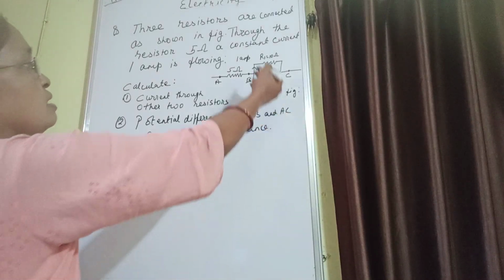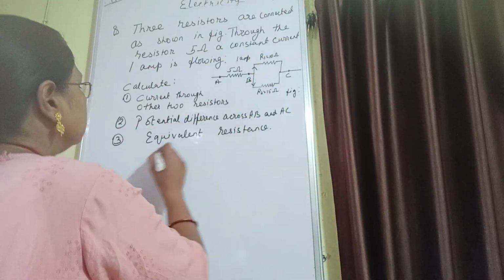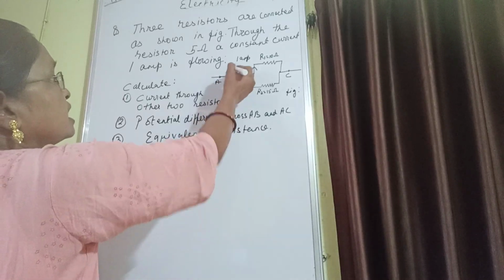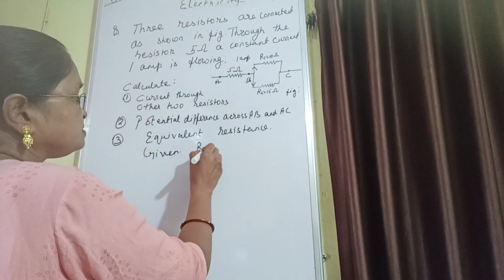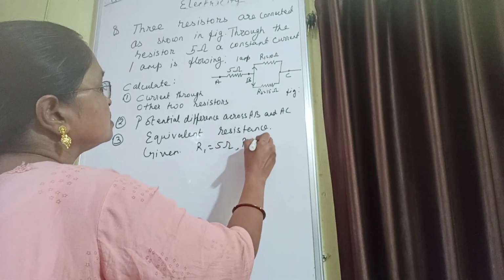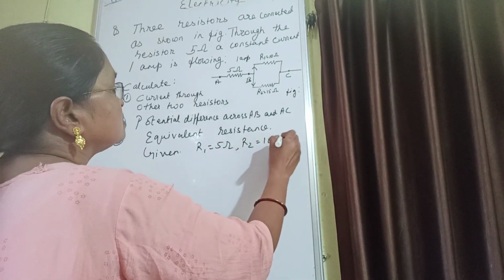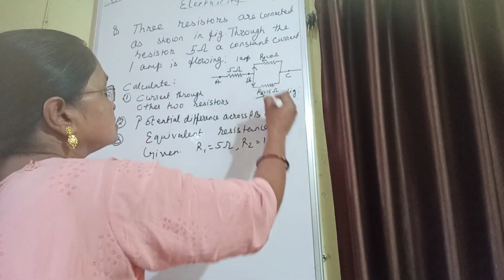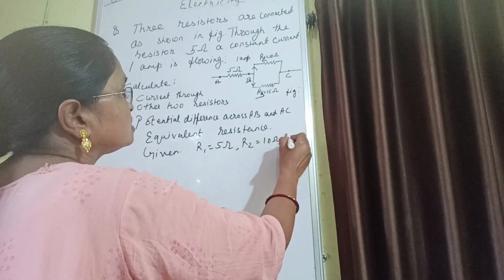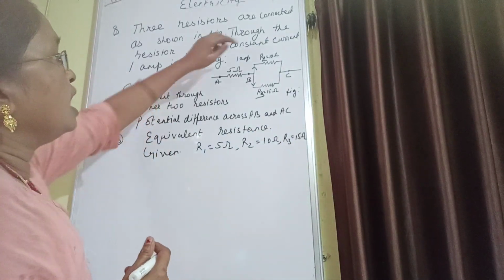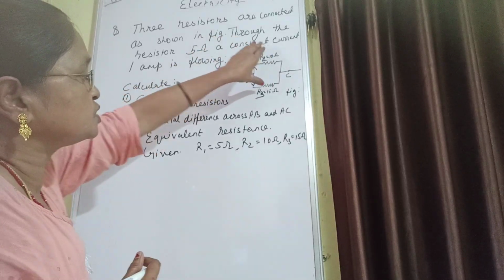So let us see. First of all, given. Let us take R1 as 5 ohm, R2 10 ohm and R3 15 ohm. R2 and R3 are parallel to each other.